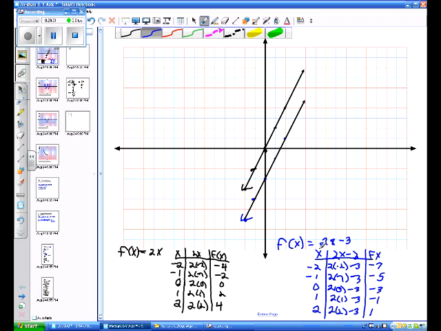In some of our future sessions, we're going to deal with what we call transformations, where we can look at our equation and tell what's going to happen. But right now, all you need to do is be able to take your functions and graph them on the same coordinate plane. If you don't have graph paper to do it, that's okay.